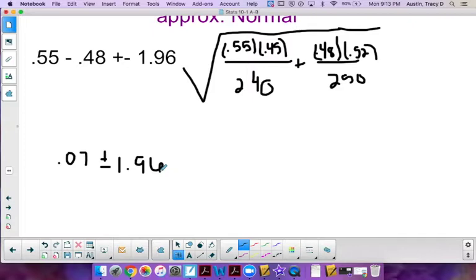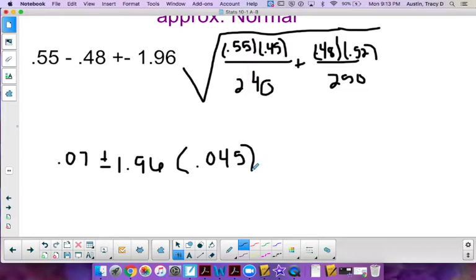Plus fraction 0.48 times 0.52 all over 250. And I'm getting 0.045 for mine. If I wanted to let it keep going and have the computer or the Desmos hold on to it, it's going to be a little bit more difficult. For you, it actually should be pretty easy.